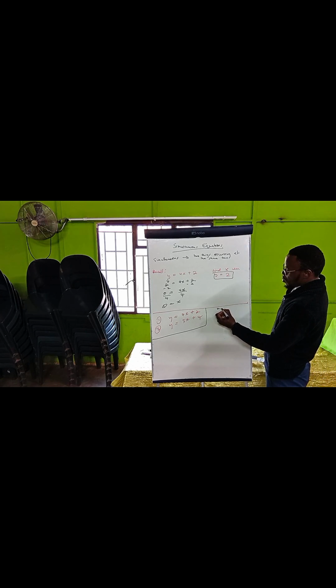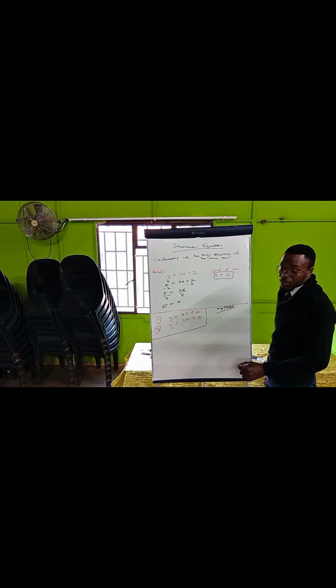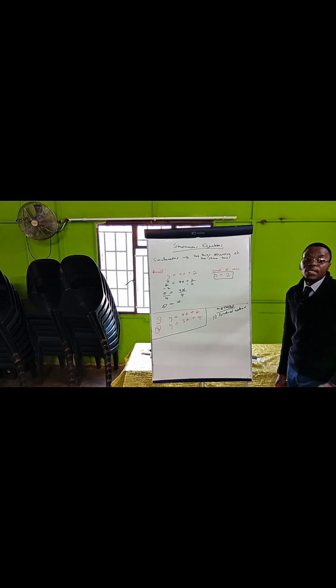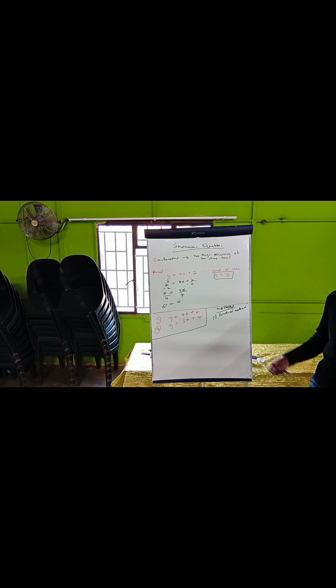So there are 3 methods. But for today, we'll look at the last 2. The first one is called the graphical method. In this particular method, just to highlight, you will need to recall coordinates or linear graphs.